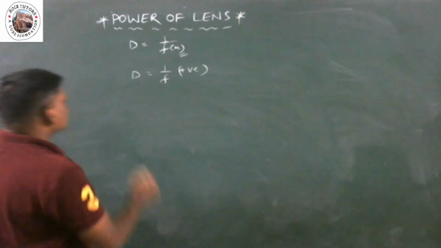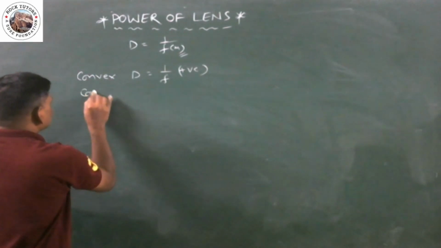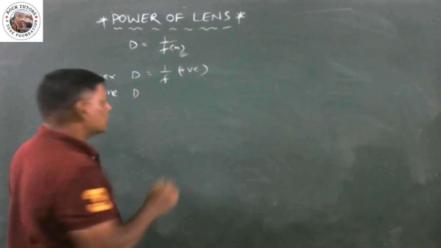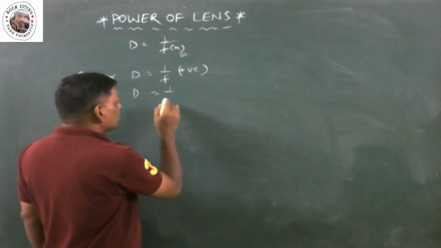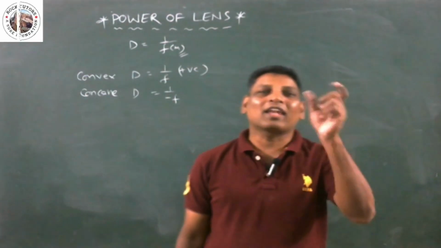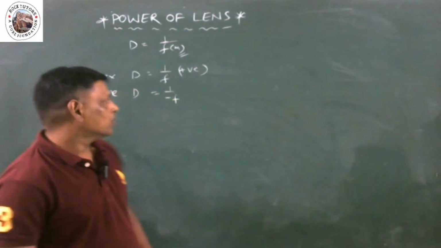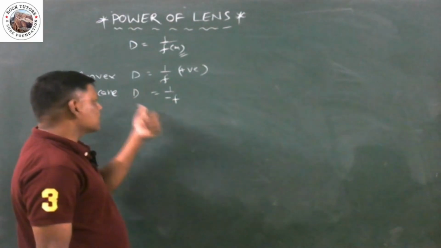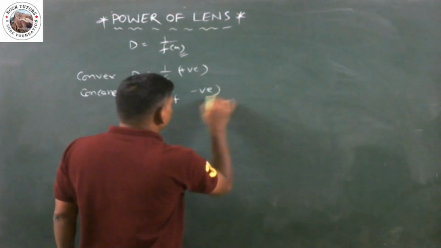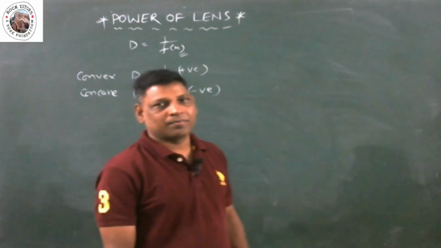For a concave lens, power of lens is 1 by minus F. For a concave lens, the focal length takes the sign convention minus, negative. So D is equal to 1 by minus F, negative. The power of a concave lens is negative.